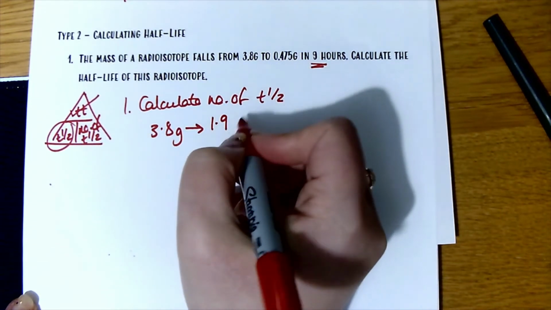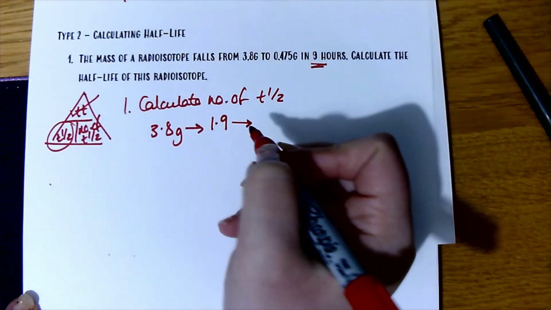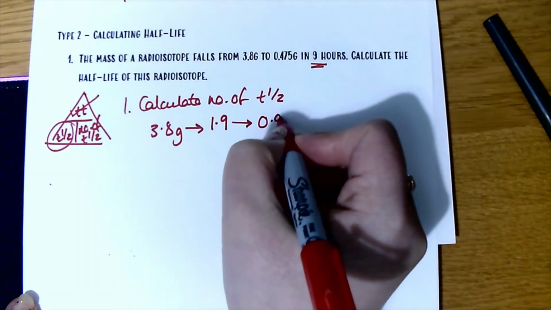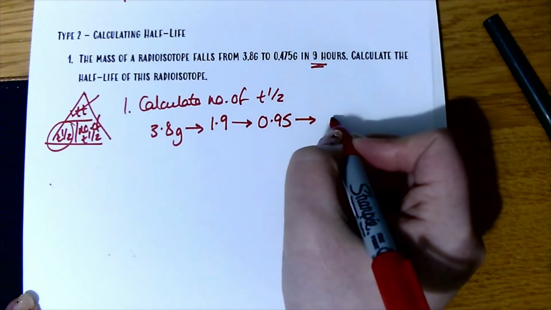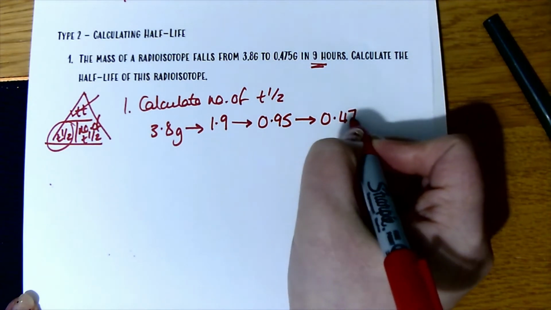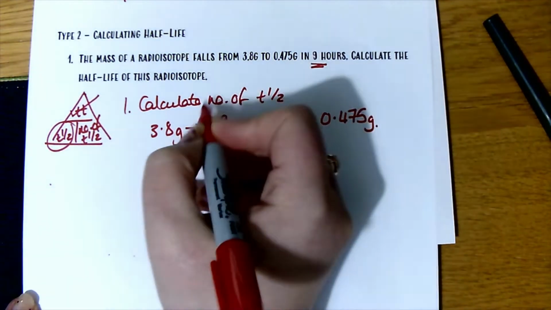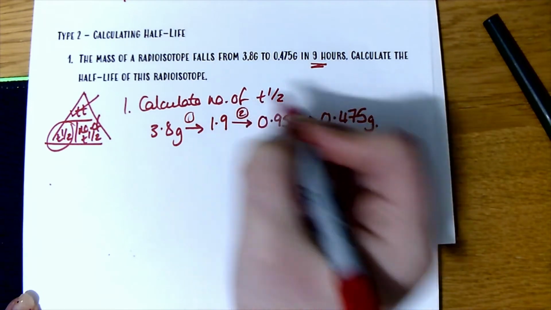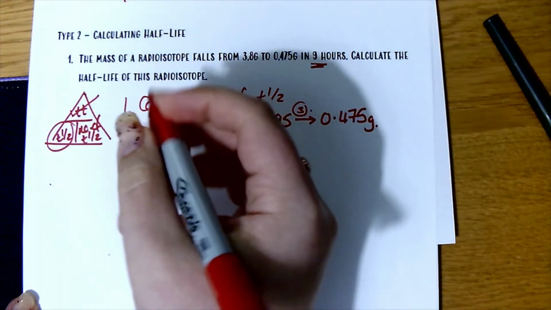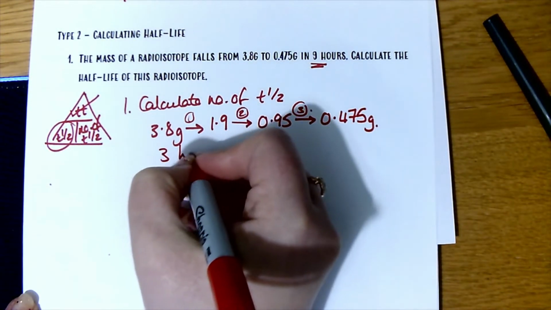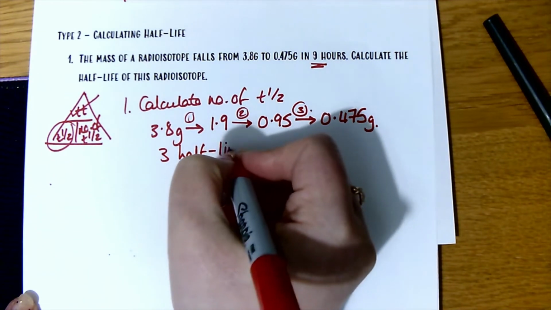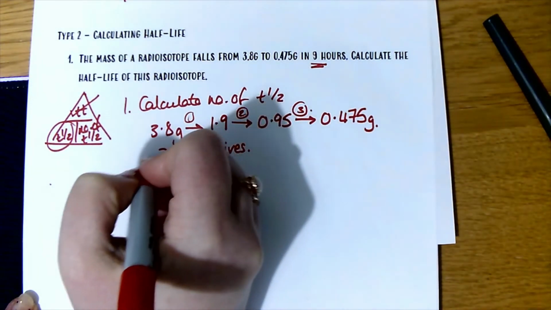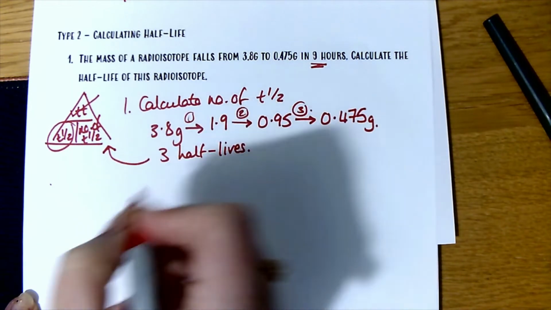So 3.8 grams halved is 1.9, 1.9 halved is 0.95, and 0.95 halved is 0.475 grams. So we have 1, 2, 3 half-life periods. We can then substitute that information up in our triangle.